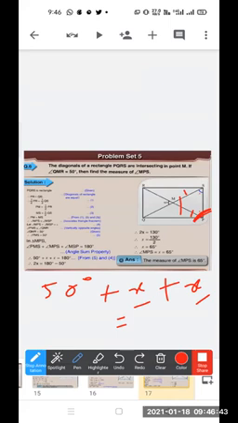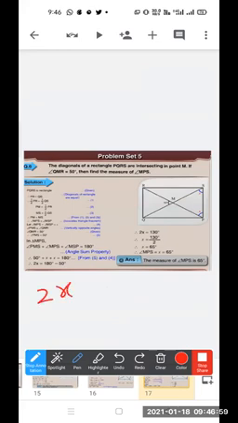So in triangle MPS, 50 plus 2X is equal to 180 degree, so 2X is equal to 180 minus 50, that is 130.